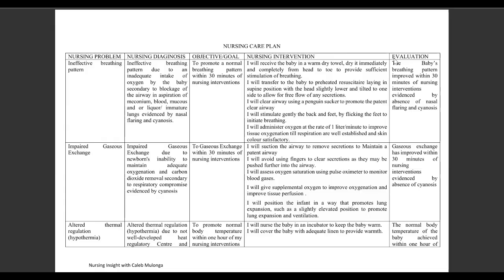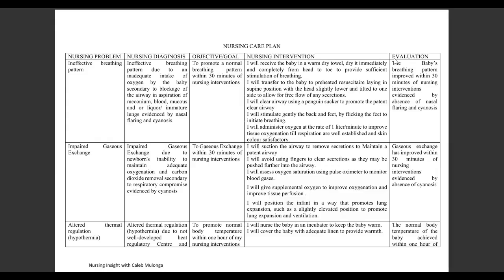Number one, remember there's something blocking the airway. So number one, we can say, I will suction the airway to remove secretions to maintain a patent airway. Number two, I will avoid using fingers to clear secretions as they may be pushed further in the airway.